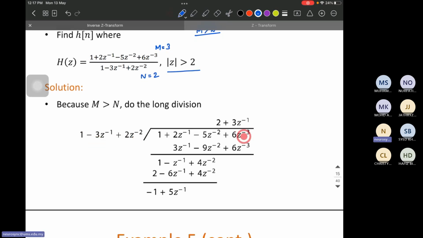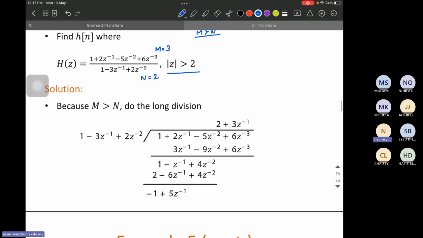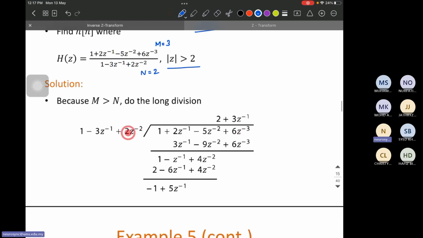Here the highest degree is minus 3. We will eliminate one by one. Our goal is to eliminate the higher term, 6 z to the power minus 3. Here we have 2 into z to the power minus 2.